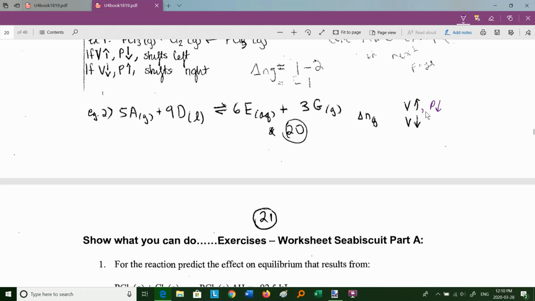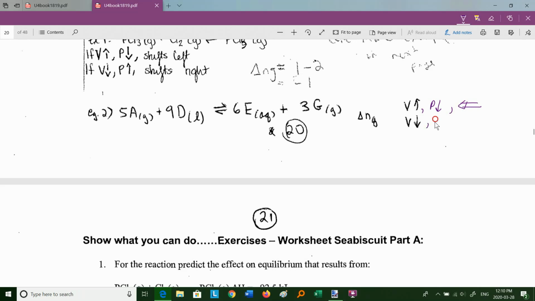And that would be to the left because I have 5 gas mole coefficients on the left and just 3 on the right. So volume goes up, pressure goes down. We are going to shift the system to the left.